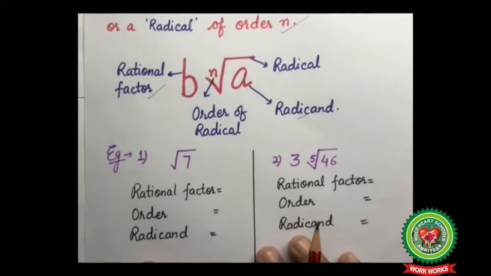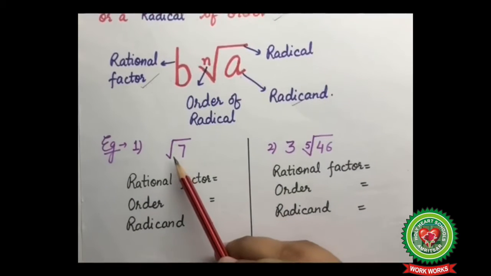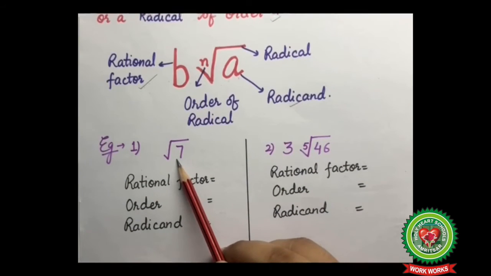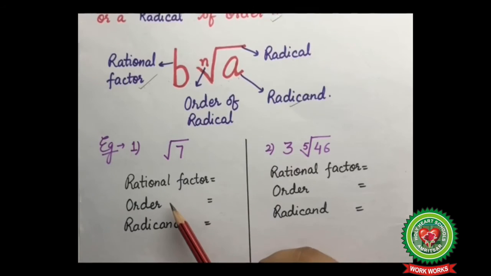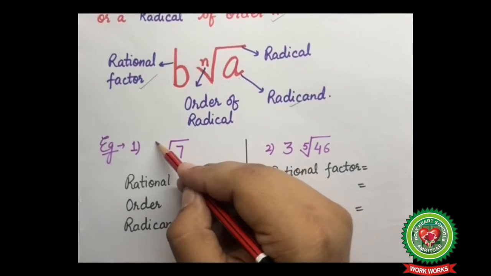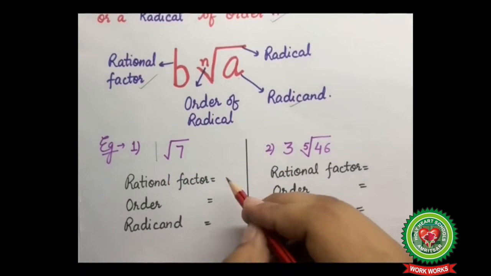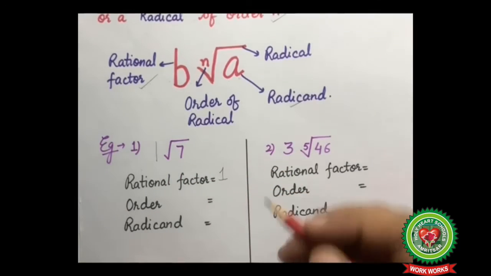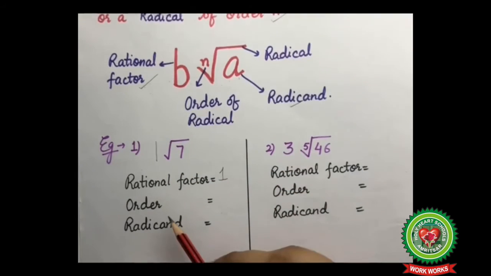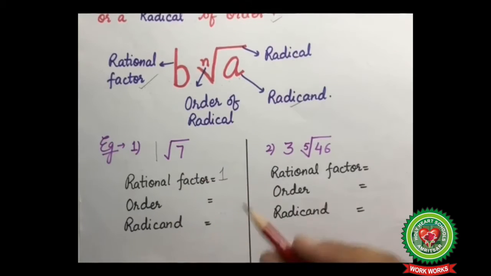So the first example is the square root of 7. Now in this, let us discuss what will be the rational factor, what is its order, and what will be its radicand. Now here nothing is written before the square root of 7, so that means here it will be 1. So the rational factor will be 1. Now the order, that is square root, that is 2.